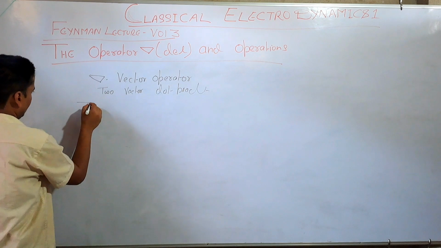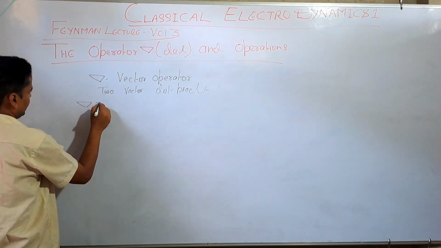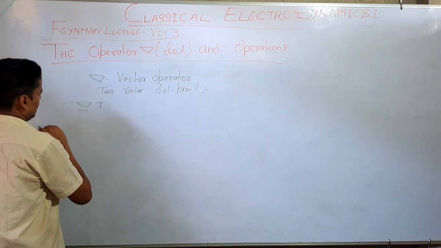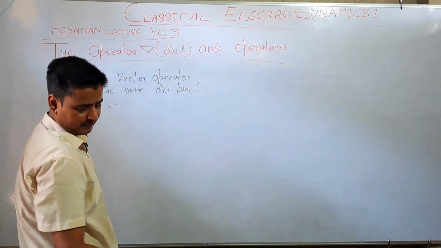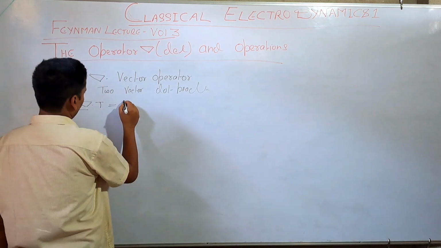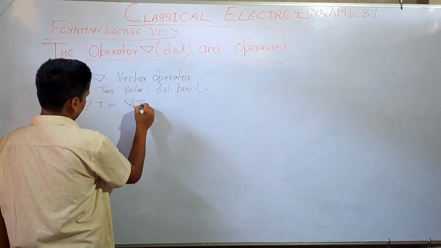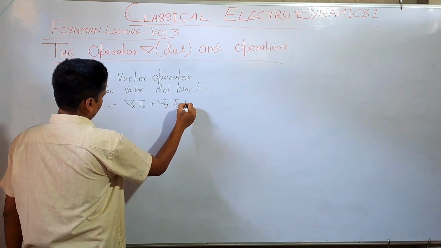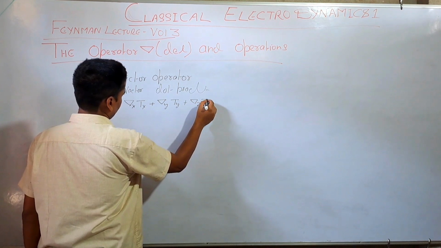So del dot T, where the del operator is one vector and T is another, we get del x Tx plus del y Ty plus del z Tz.